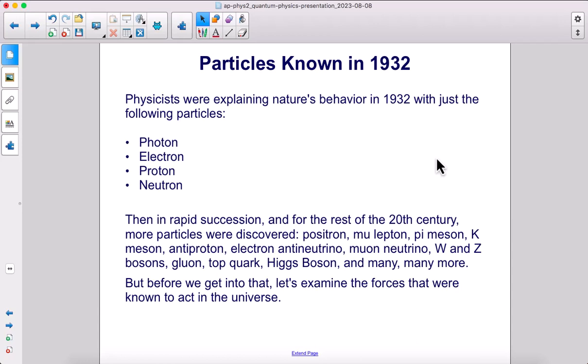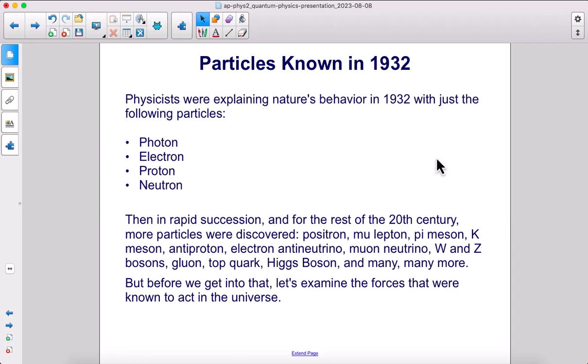Then, in rapid succession, and for the rest of the 20th century, more particles were discovered: positron, mu lepton, pi meson, k meson, antiproton, electron antineutrino, muon neutrino, W and Z bosons, gluon, top quark, Higgs boson, and many, many more.